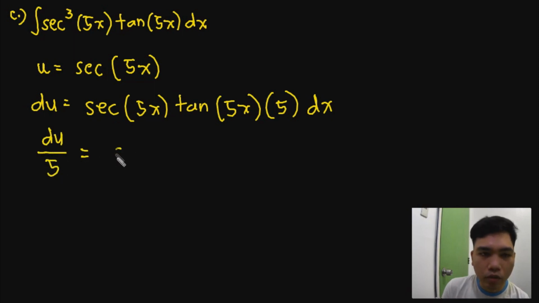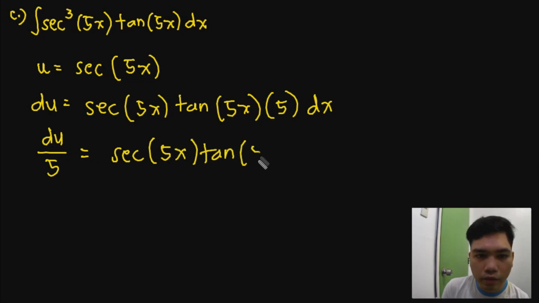This is equal to secant 5x tangent 5x dx. And then if you have u squared, then this gives you the original expression. So this gives you the final expression in terms of u, which is u squared du over 5.